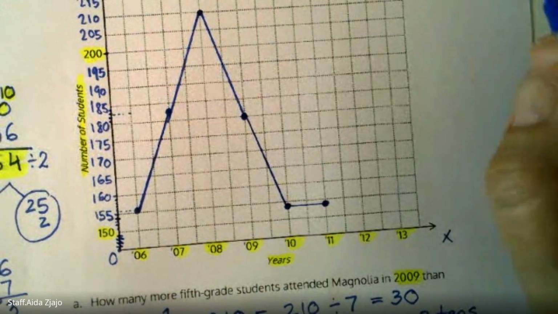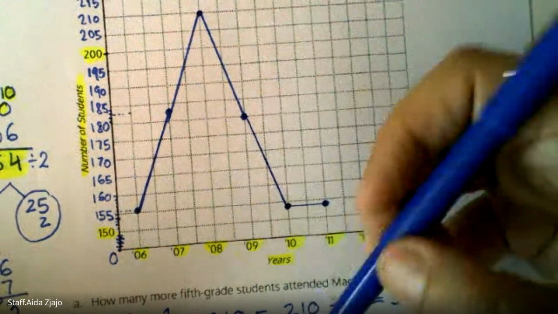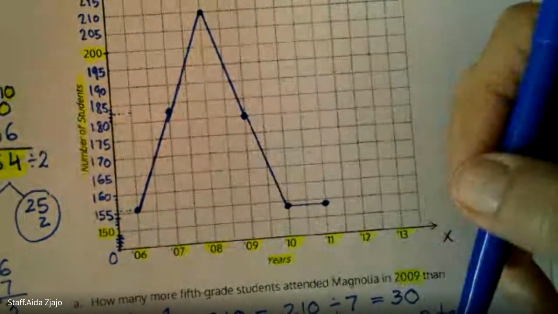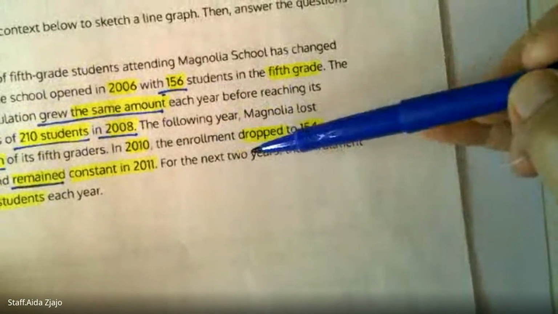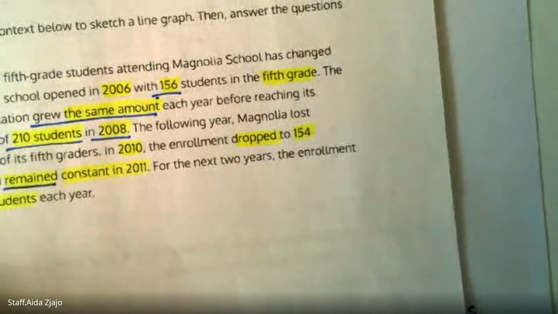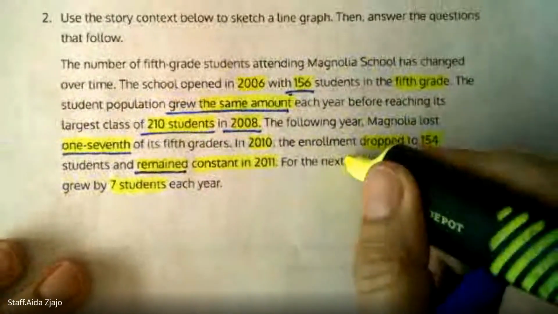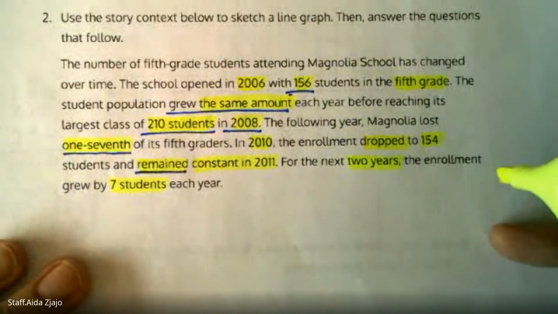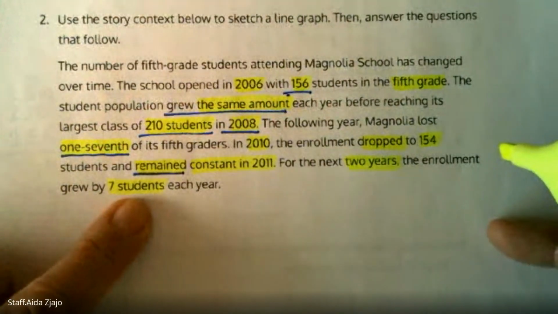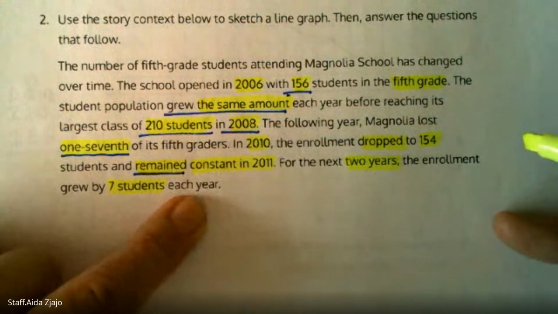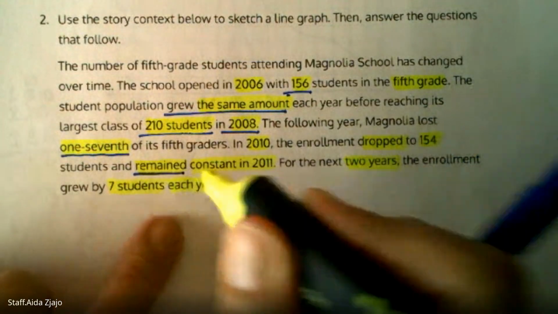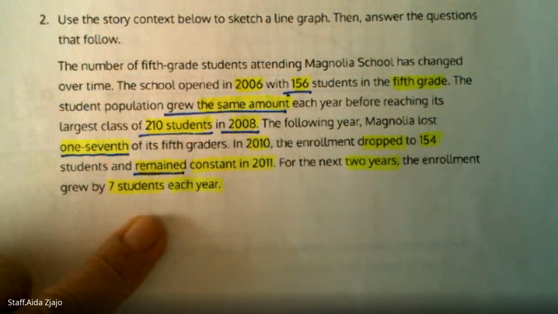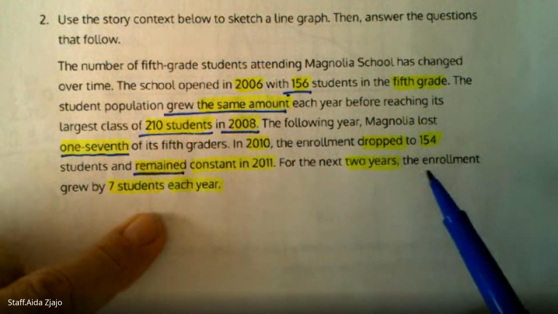And then we need to read the last clue. For the next 2 years, the enrollment grew by 7 students each year. So this is important. 7 students each year for the next 2 years.